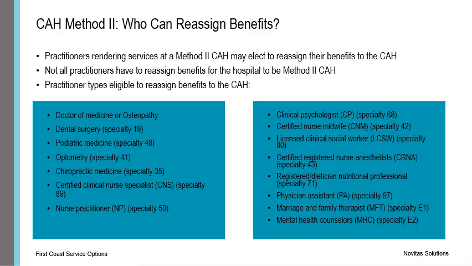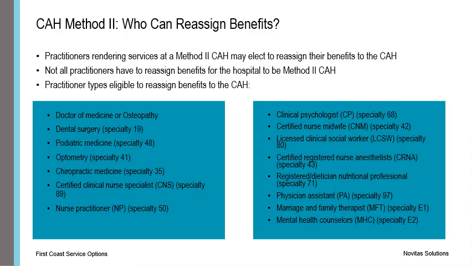CAH Method 2. Who can reassign benefits? Practitioners rendering services at a Method 2 CAH may elect to reassign their benefits to the CAH. Not all practitioners have to reassign benefits for the hospital to be a Method 2 CAH.